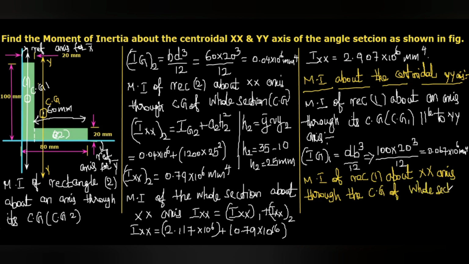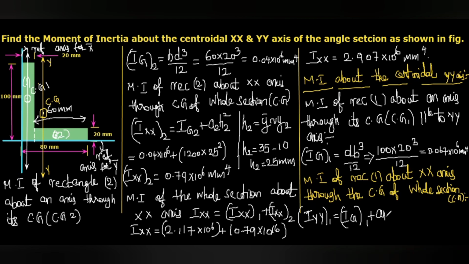For that, we can use the parallel axis theorem. As per the parallel axis theorem, IYY1, the IYY with respect to rectangle 1, is IG1 plus A1 H1 square.